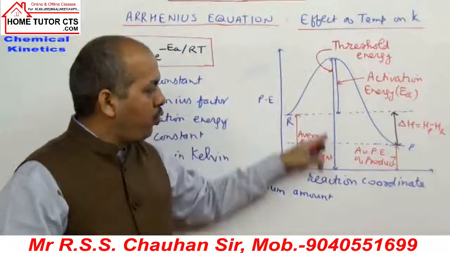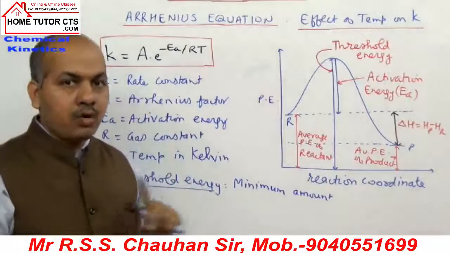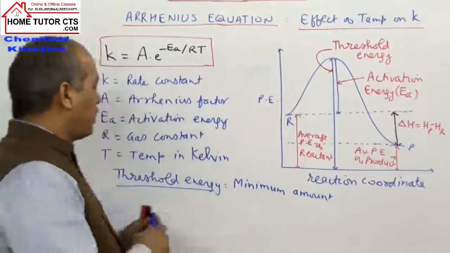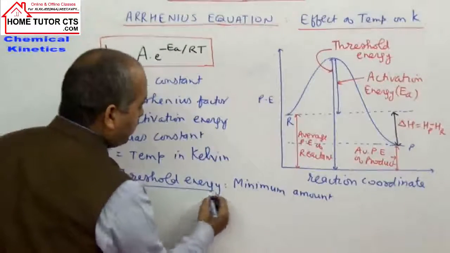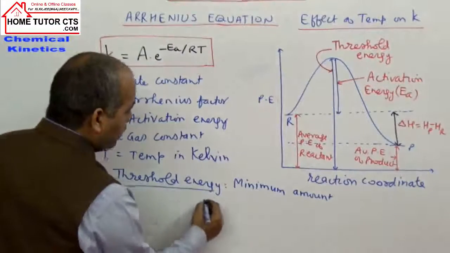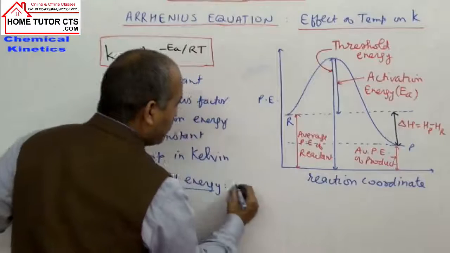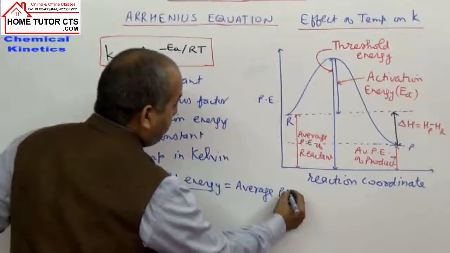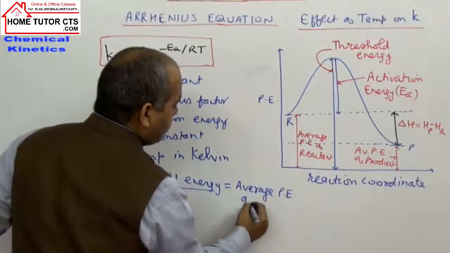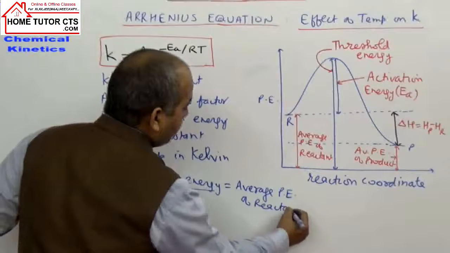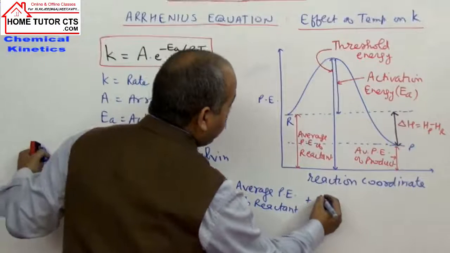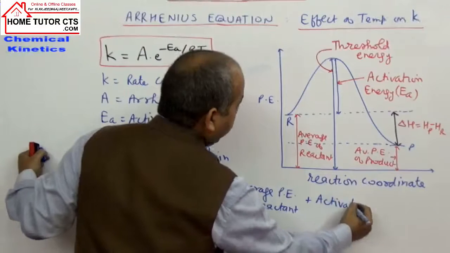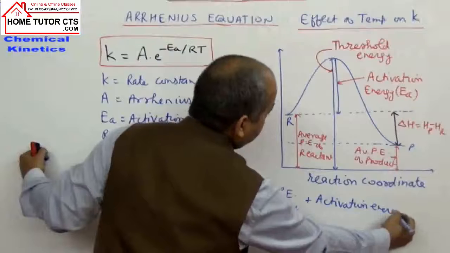It means if the energy is less than this, those molecules cannot form product because they cannot cross the energy barrier. This threshold energy is equal to the average potential energy of reactants plus the activation energy Ea.